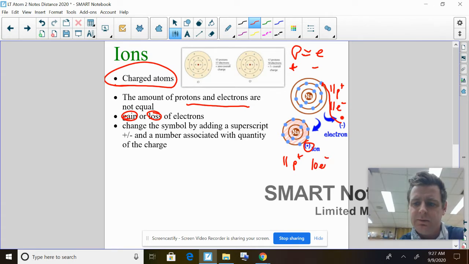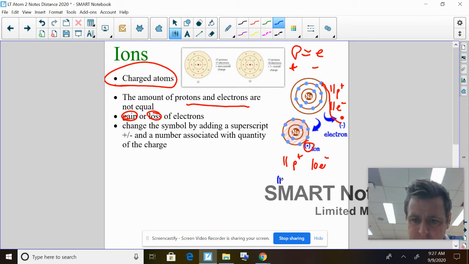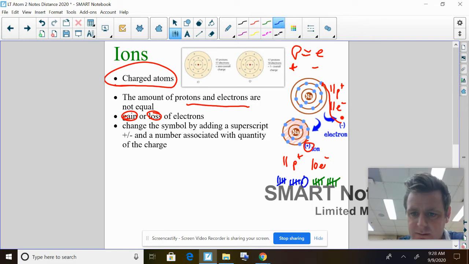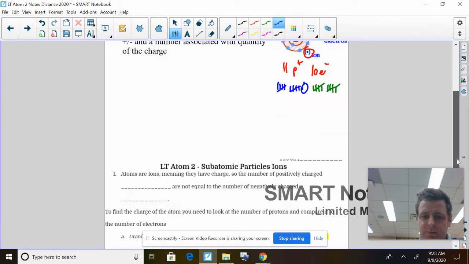Now this just kind of becomes a cancellation game with how many are left over. So if I had 11, right? 1, 2, 3, 4, 5, 6, 7, 8, 9, 10, 11. And I only had 10. Okay, well, there's one positive left over, i.e. the positive. Okay, so that's kind of really what you got to be thinking about.